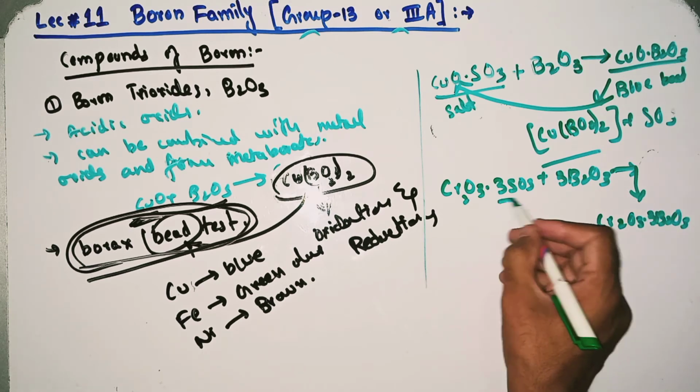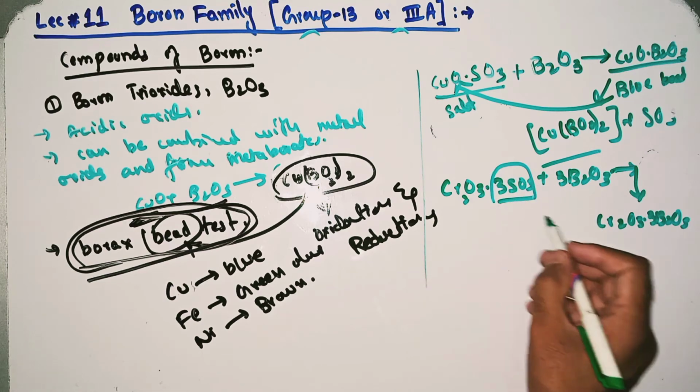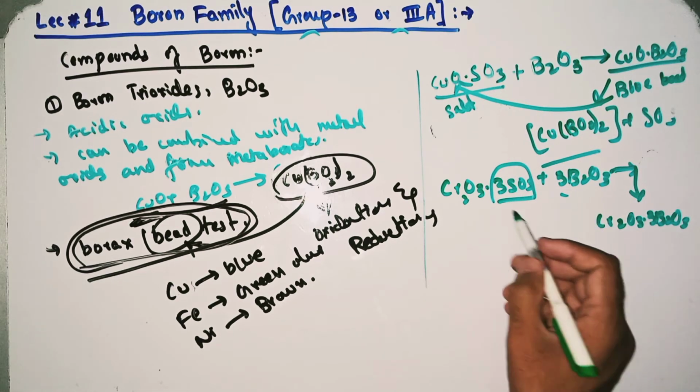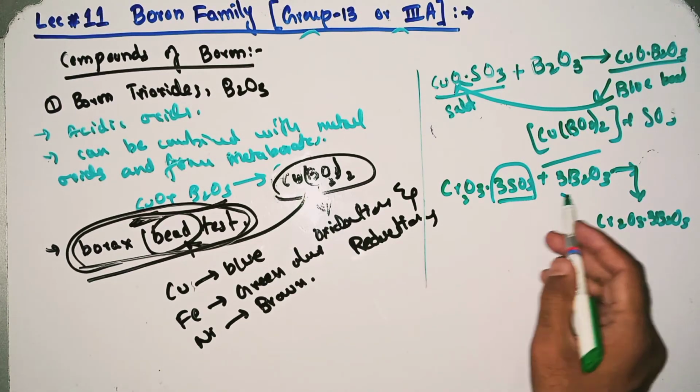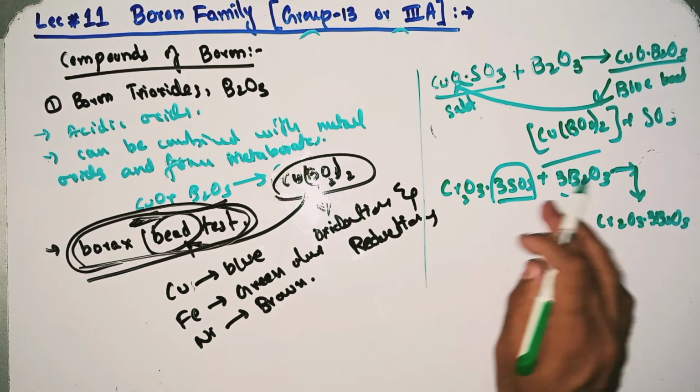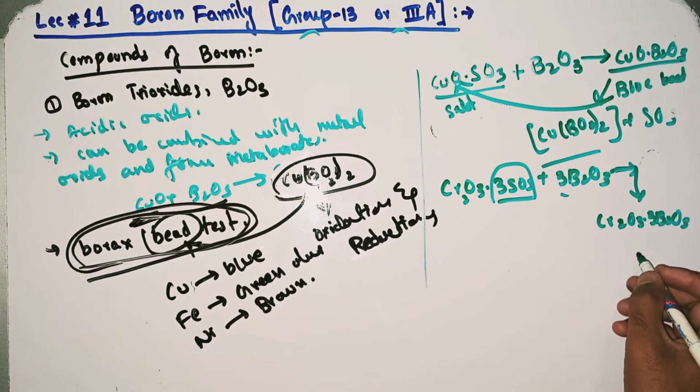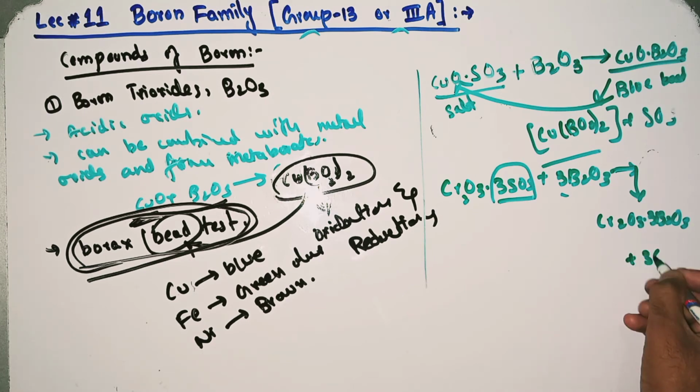This means the 3 molecules of sulfur trioxide will be completely replaced by B2O3, through boric anhydride, while the sulfur trioxide will be evolved and emitted.